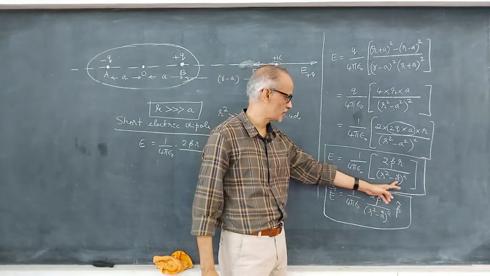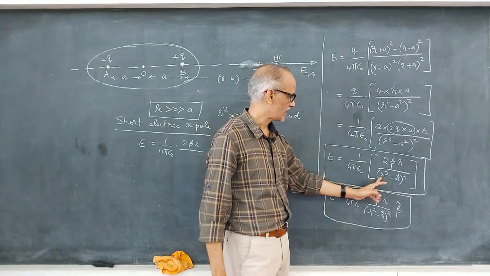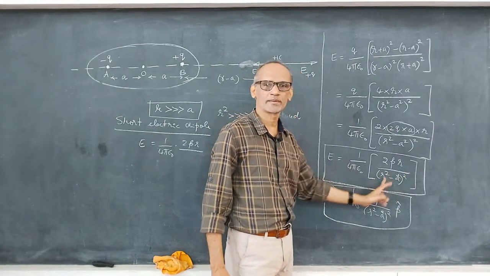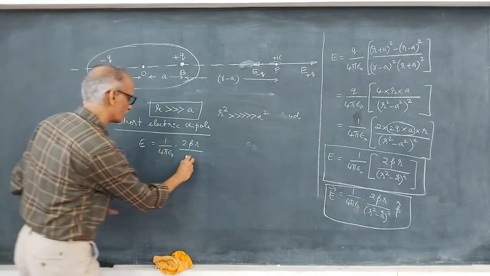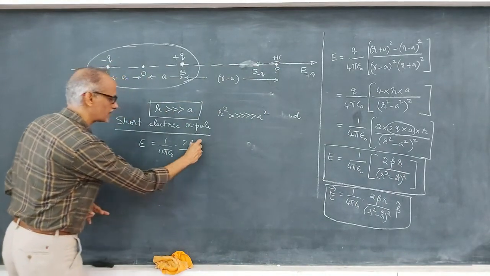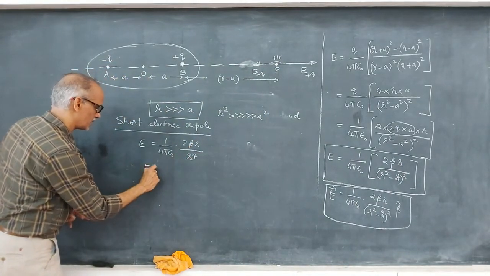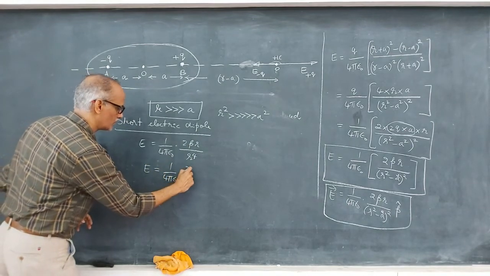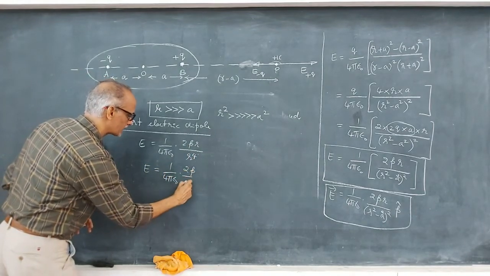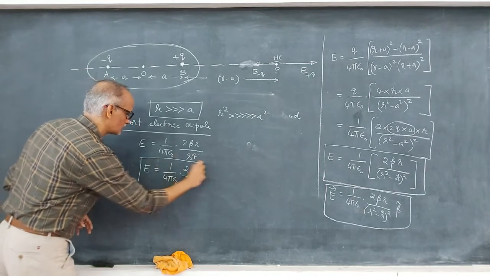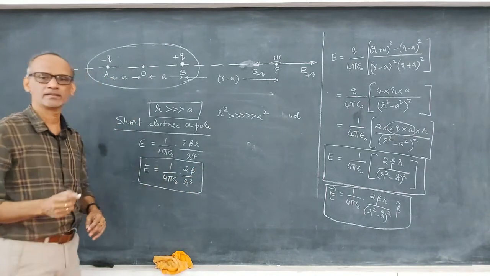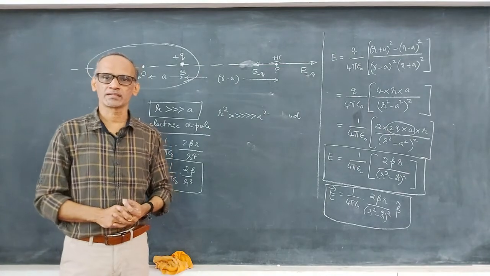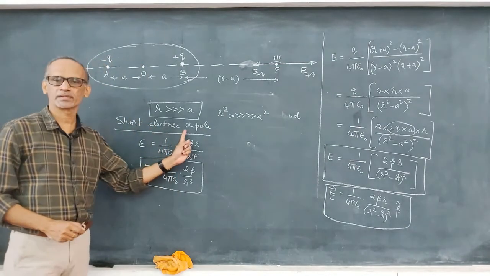When you neglect A square, in the denominator what we get is r square the whole square, which is r to the power 4. There is already one r here, so that will get cancelled, and you will get E is equal to 1 by 4 pi epsilon naught 2p by r cube. So this is the expression for electric field at a point on the axis of a short electric dipole.